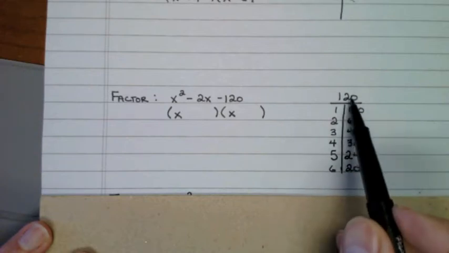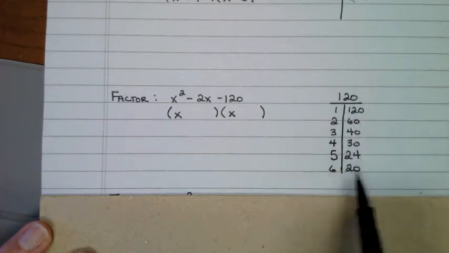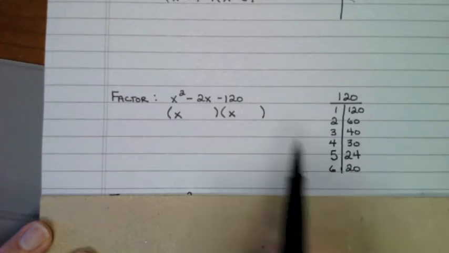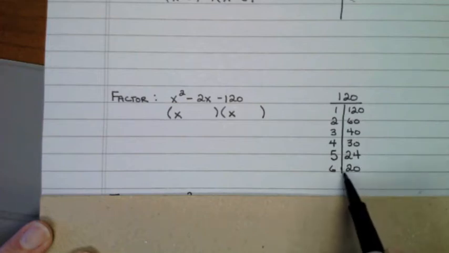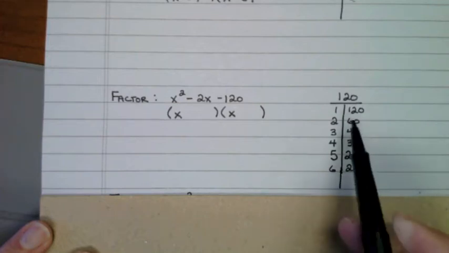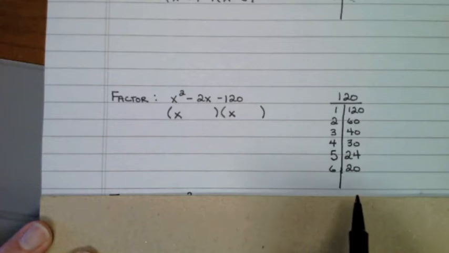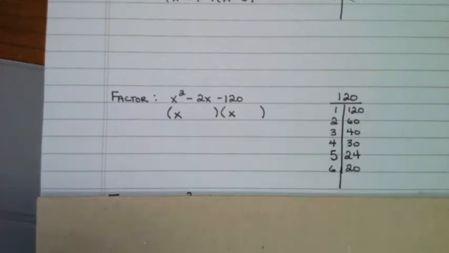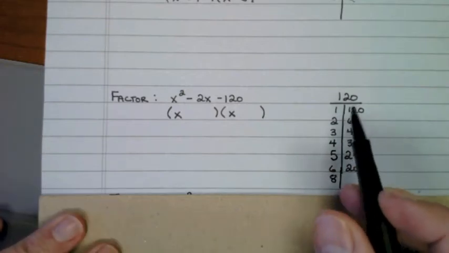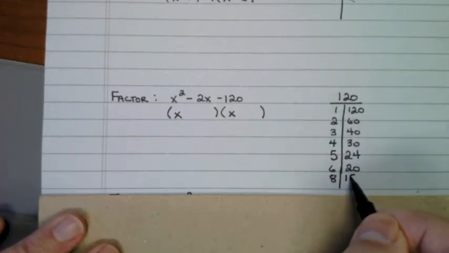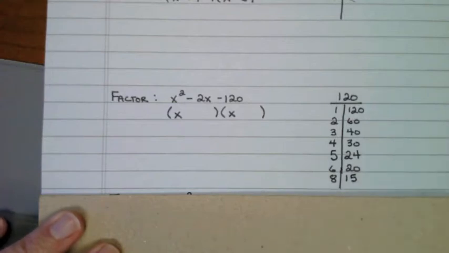6 will go into 120 20 times. Any way I can add or subtract these and get 2? If I add them, I get 26. If I subtract them, I get 14. Will 7 go into 120? No. Will 8 go into 120? 8 will go into 120 15 times.